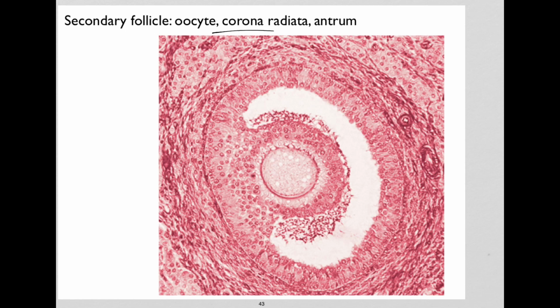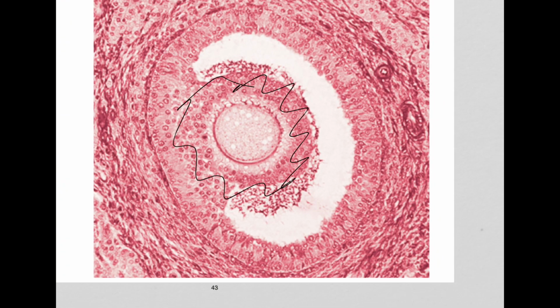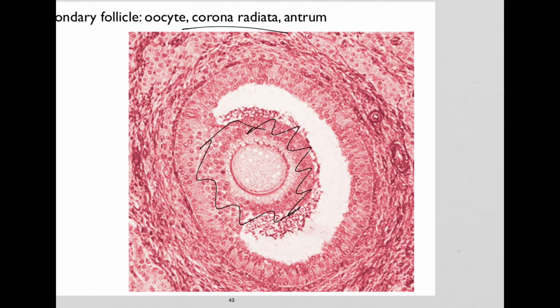The corona radiata refers to these multiple layers of supporting cells around the oocyte. It gets its name because it sort of looks like a crown radiating around the oocyte, apparently. And this fluid-filled space that's packed full of fluid reserves and nutrients, that's the antrum. Okay?